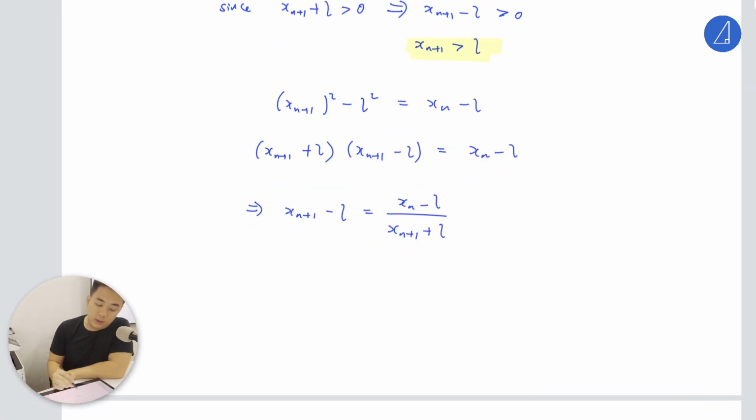So once you reduce this, you see that this is xn plus 1 minus L, this is xn minus L. Similar, right? But what you need to understand is that xn plus 1 minus L is a fraction of xn minus L. You see it as a fraction.